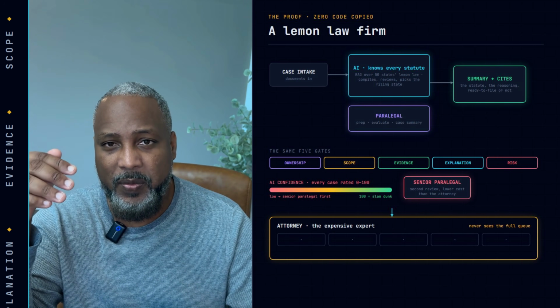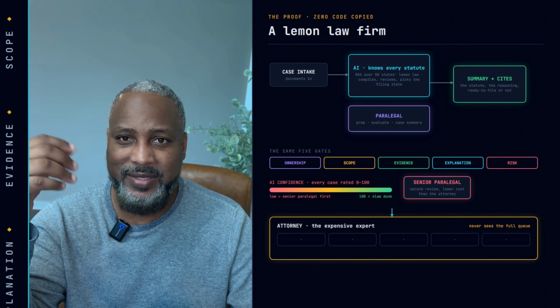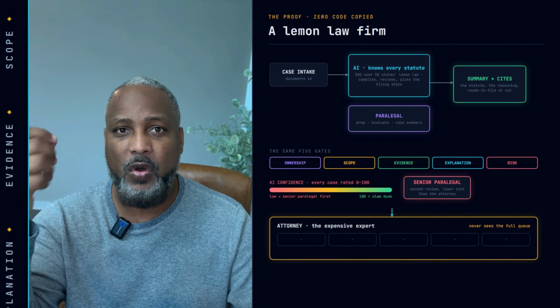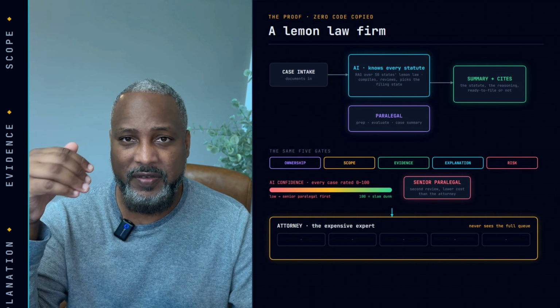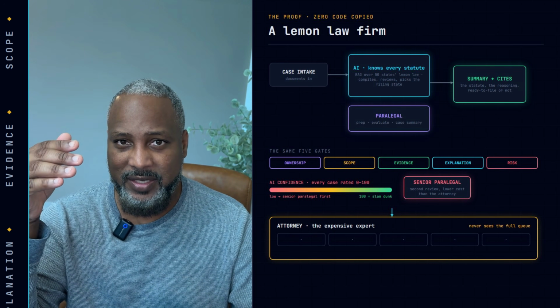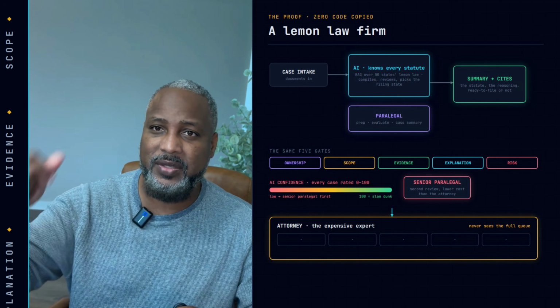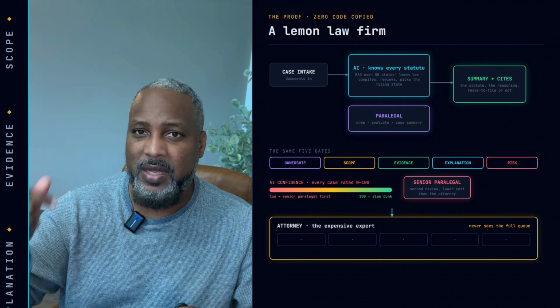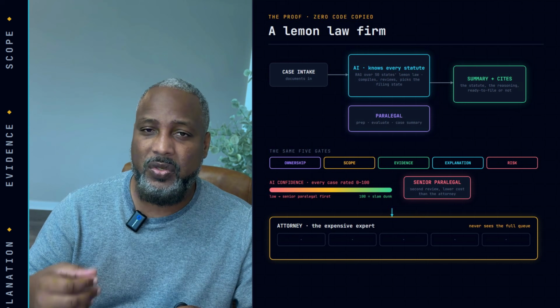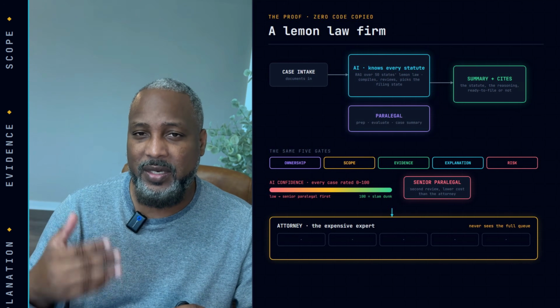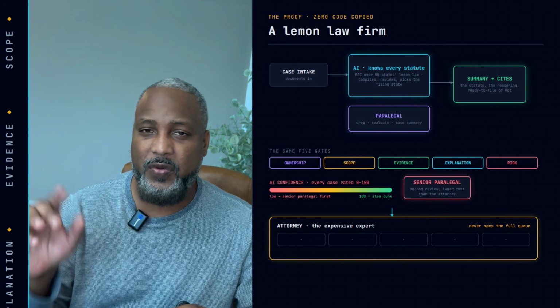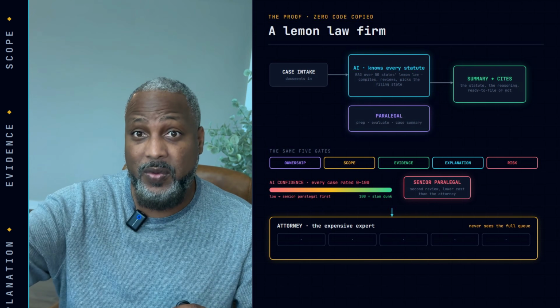In the case of scope, we realized that it could be very overwhelming if an attorney received 100 cases at a time, right? Because now the AI is helping the paralegal, things are getting processed really fast. So we realized that attorneys were getting a little overwhelmed, and that was forcing them to move forward faster because they would see what was in the queue.